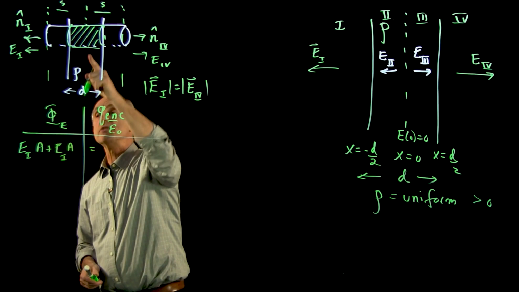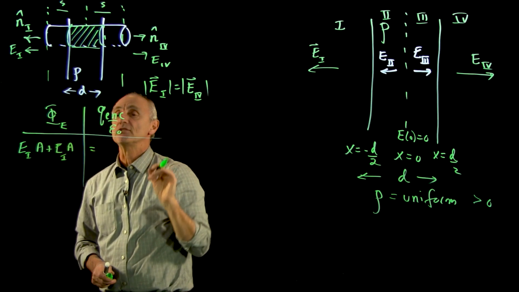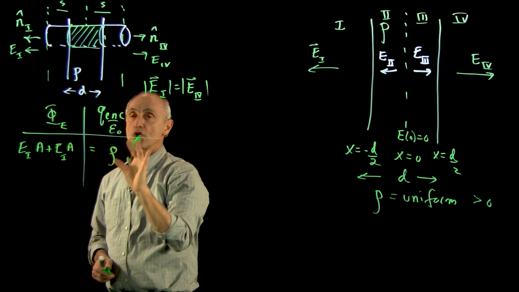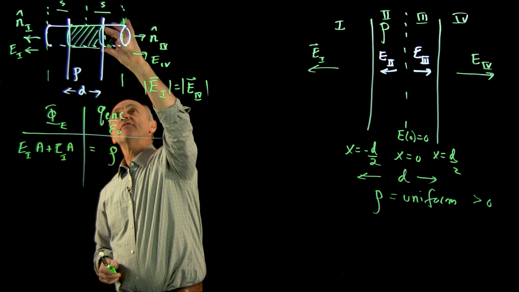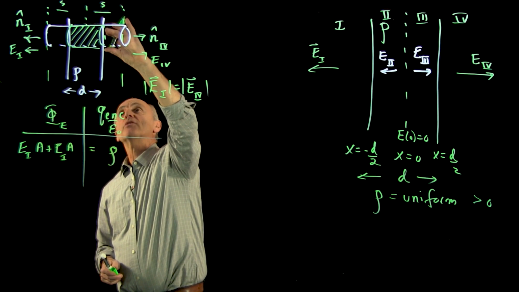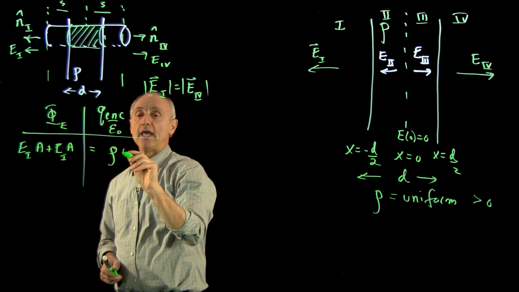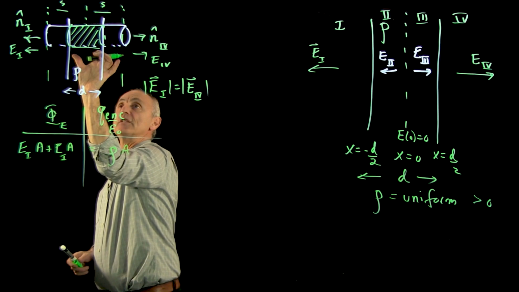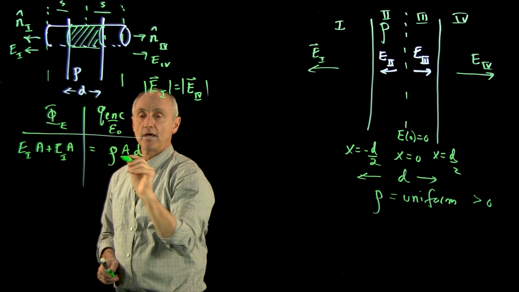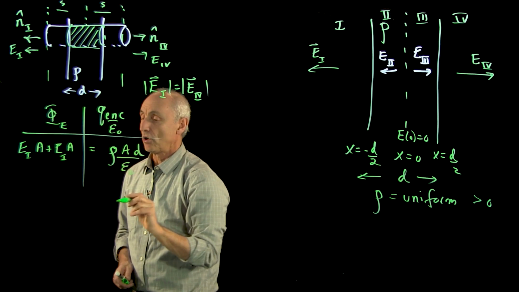And the charge enclosed, now this is a volume charge density. Rho is charge per volume. So what is the volume of a cylinder? Well, it's just the cross-sectional area A times the thickness of the cylinder, d, and we divide by epsilon naught.